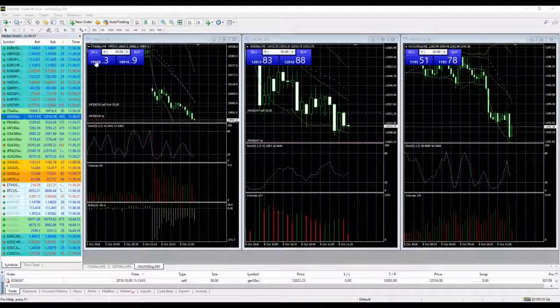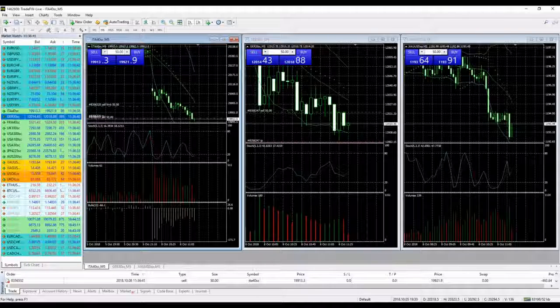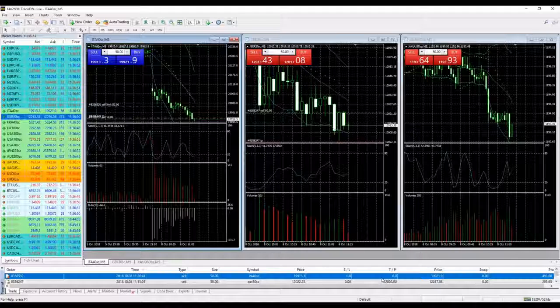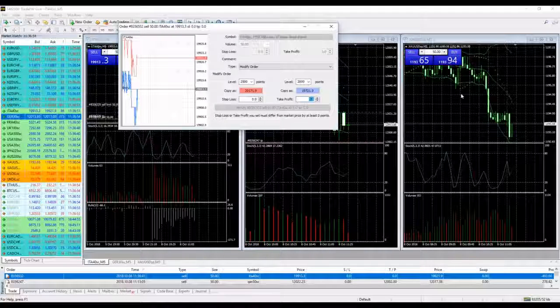And guys, we don't stop. We go again short on Italy 40. I just opened again an Italy 40 position short. Now we have to be a bit more careful.